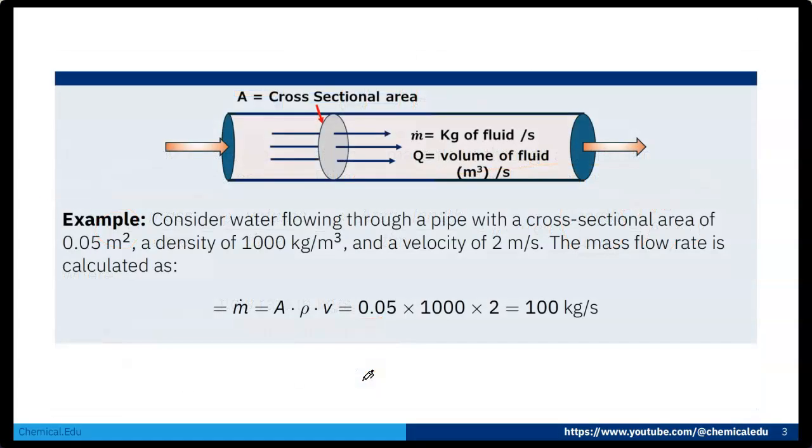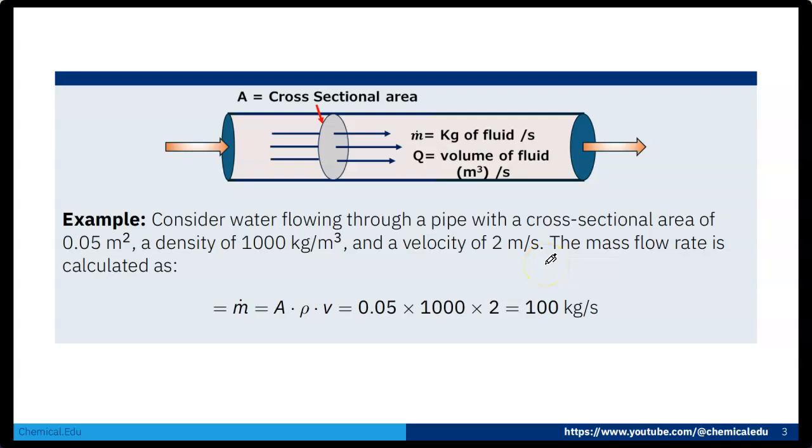Now coming to a numerical example of mass flow rate. Consider water flowing through a pipe with a cross-sectional area of 0.05 meter square, a density of 1000 kg per meter cube, and a velocity of 2 meter per second.